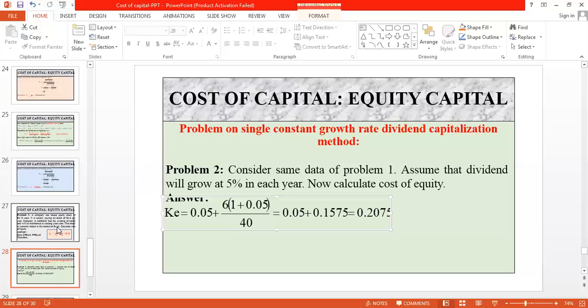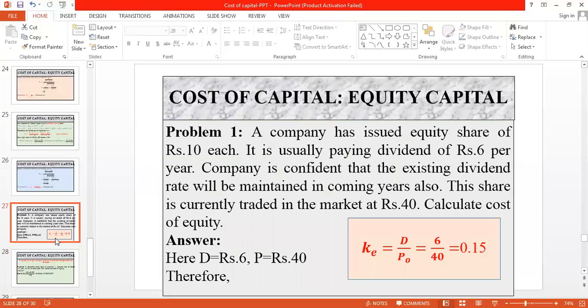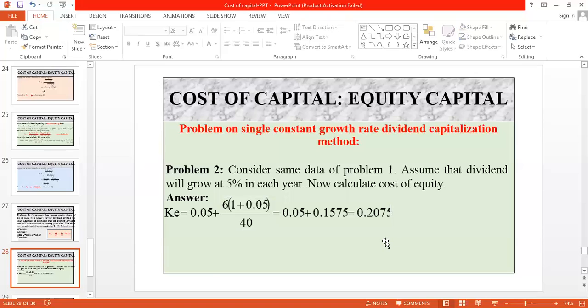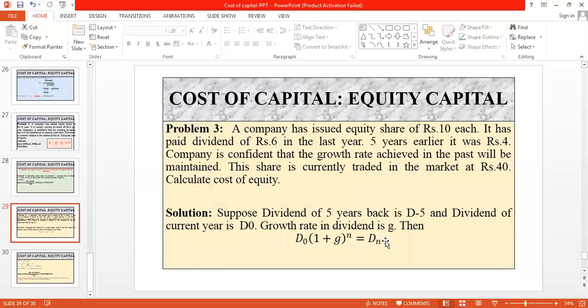So the cost of equity is now going up from 15% to 20.75%. This increase in the cost of capital is due to the constant growth in the dividend rate. Unless you earn this 5.75% extra, you will not be able to maintain this constant growth rate of 5%. Now, the problem has already provided us the growth rate of the dividend, but this may not happen.